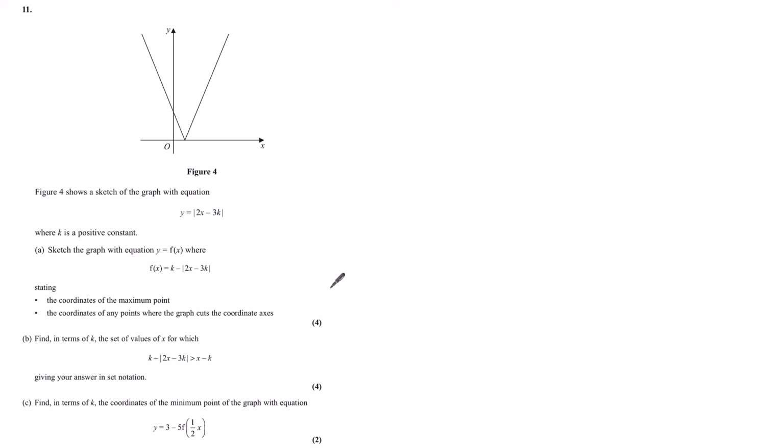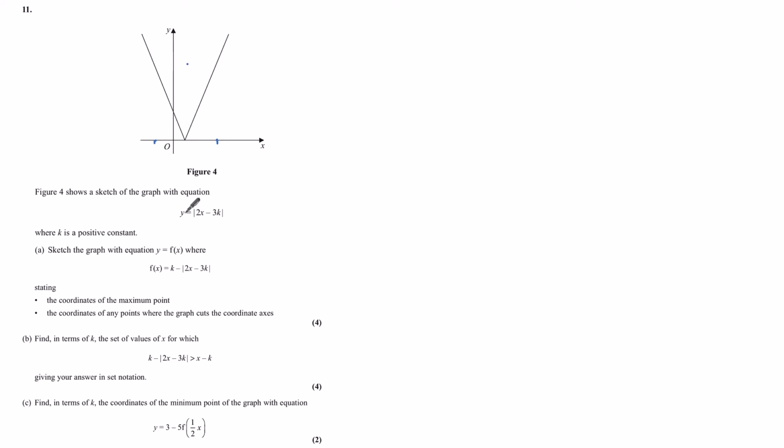For 4 marks. Well, if I've got a value of k and then I'm subtracting this graph above, I know that my maximum value will occur when I take 0 away from k. So at this point here, I'm going to get my maximum value.